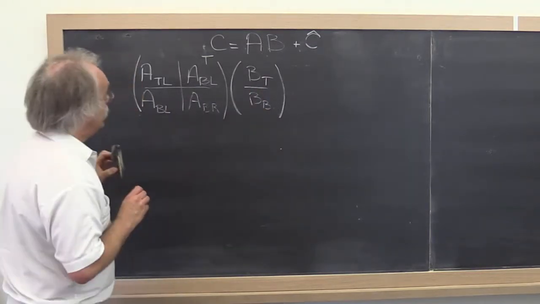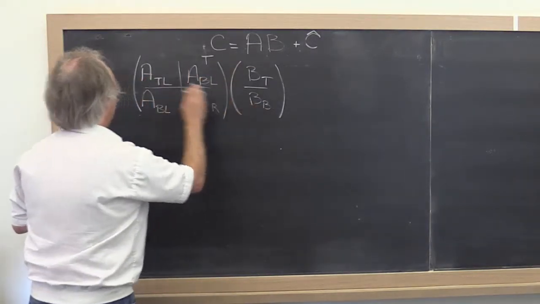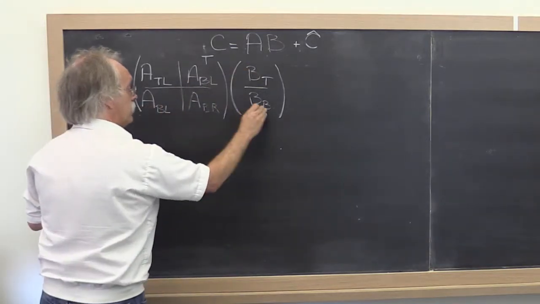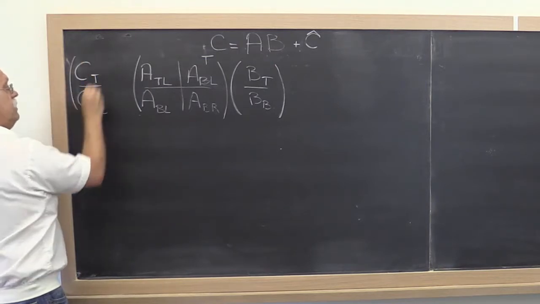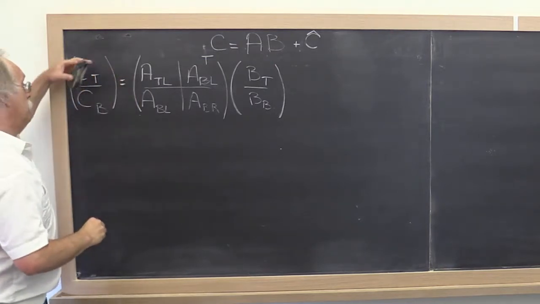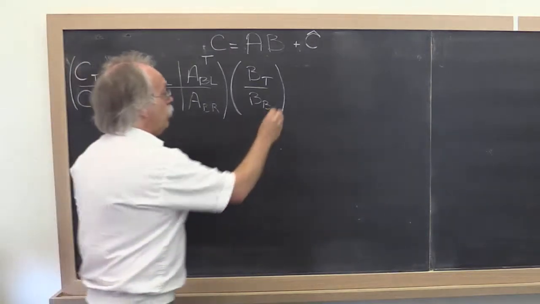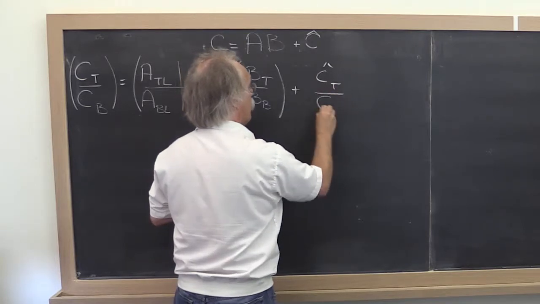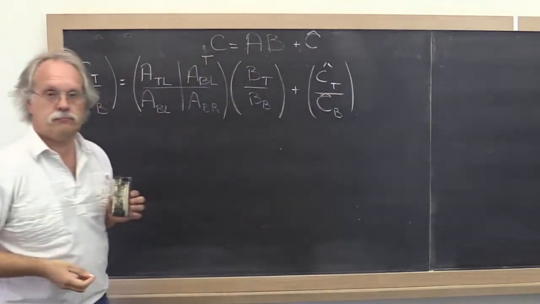Okay? Okay, now notice that when you do this times that plus this times that, you end up with a top part. And this times that and then plus this times that gives you a bottom part. So that tells us that C must be partitioned into a top part and a bottom part. Alright? And that of course means then that C hat should be partitioned into a top part and a bottom part as well.